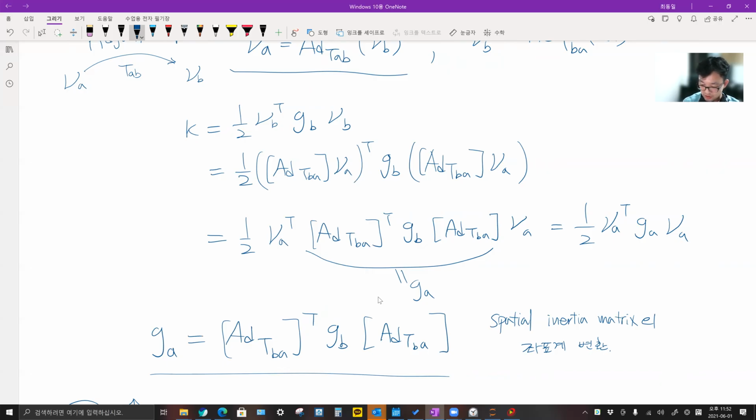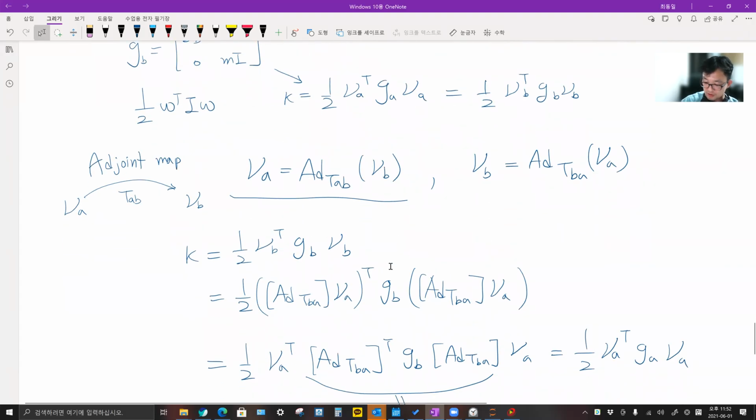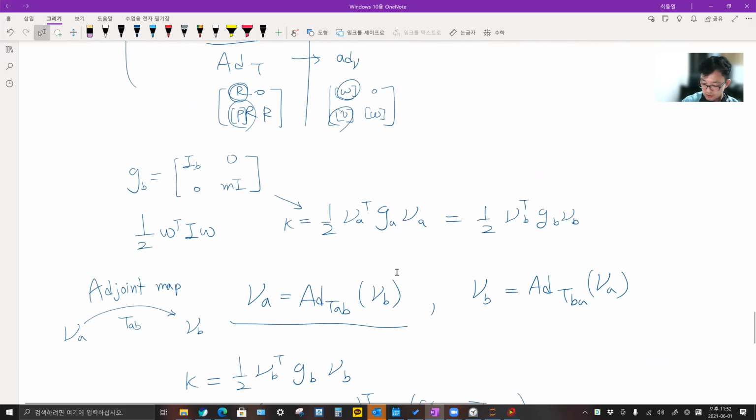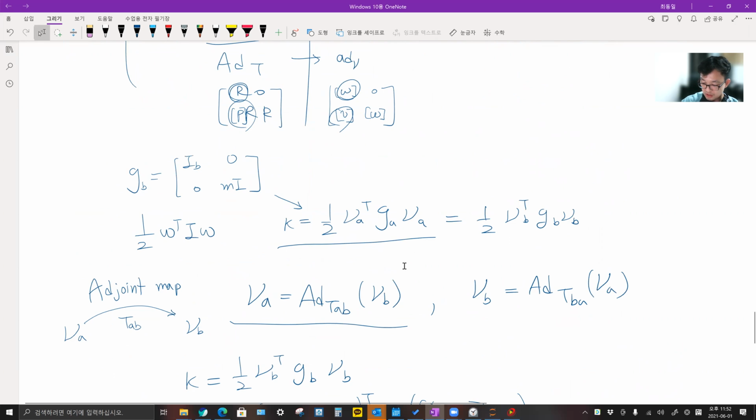So this relationship came from the kinetic energy. Actually, kinetic energy can be calculated using twist multiplying the spatial inertia matrix.